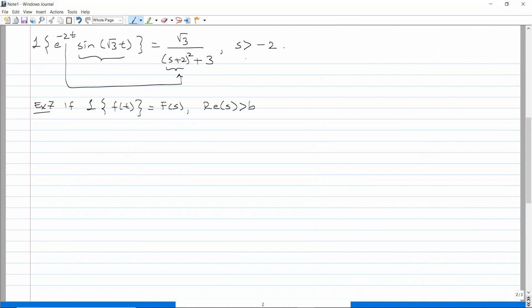By the way, in the above example, I should have taken real part of s greater than minus 2 for complex s. Okay. So if this is the case, then what is the Laplace transform of t times f of t?